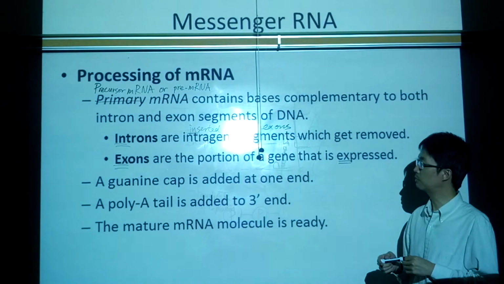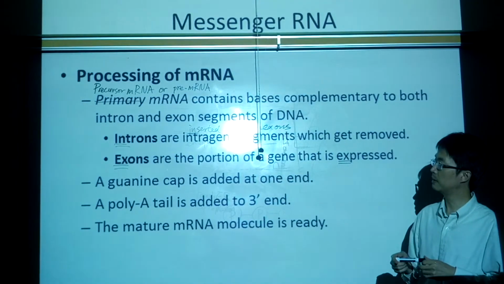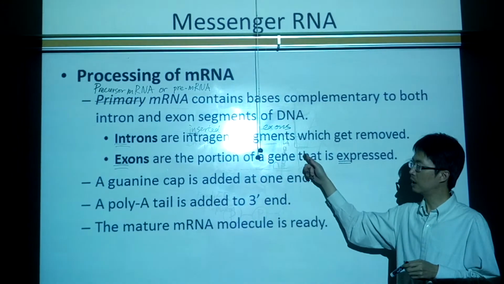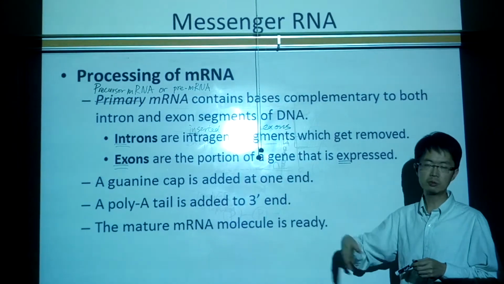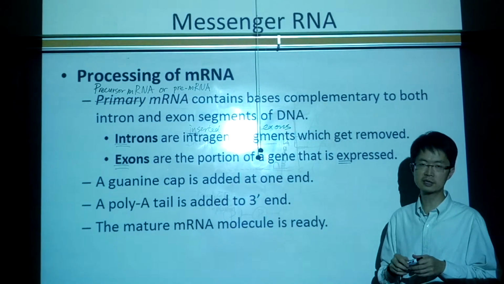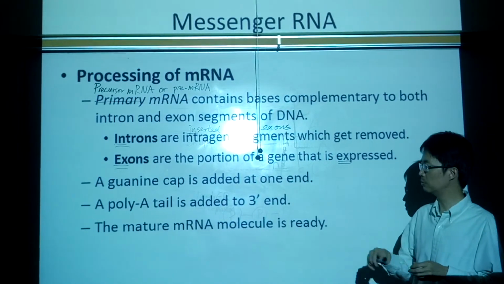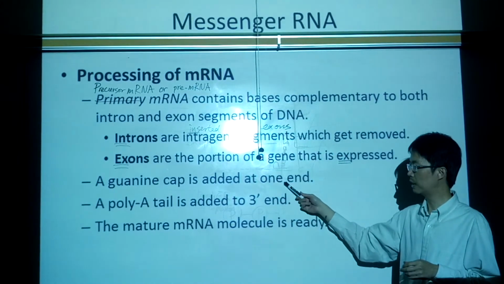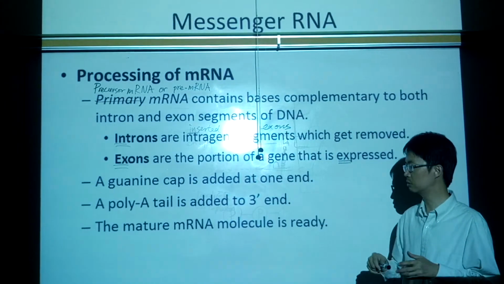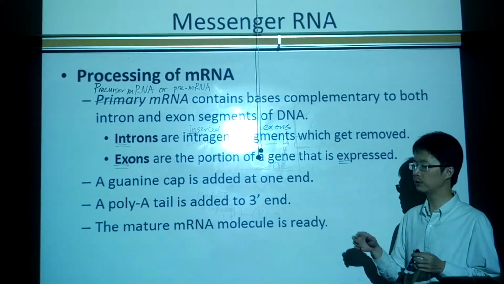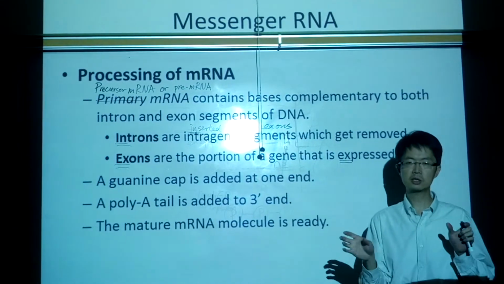In the processing of messenger RNA, the first thing is to remove the intron. After we remove the intron, the entire messenger RNA will contain only the exon. And then we also put something at the end. We put a guanine cap at one end and a poly A tail at the 3' end, to stabilize the messenger RNA.